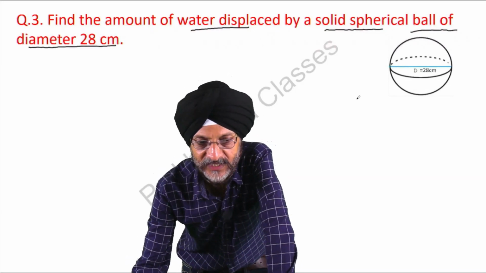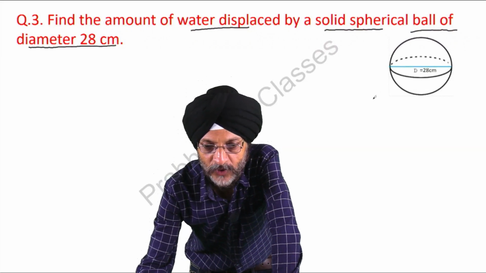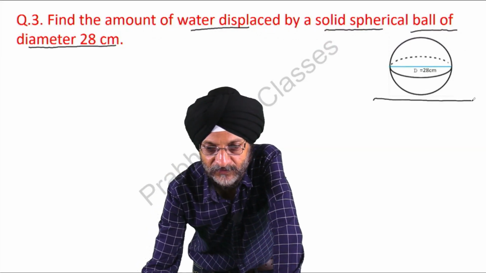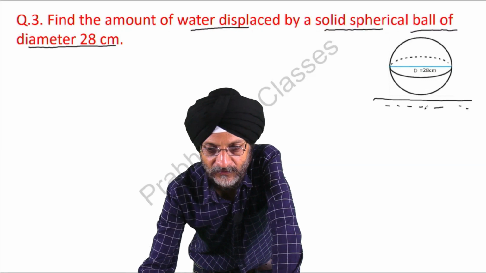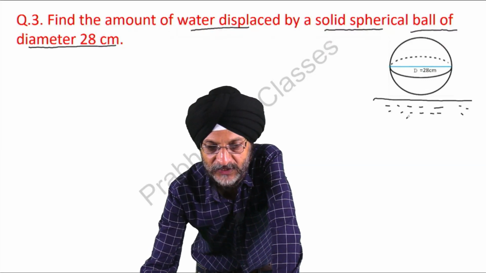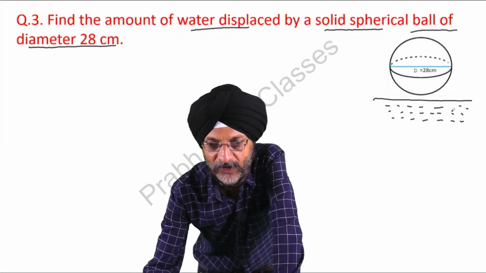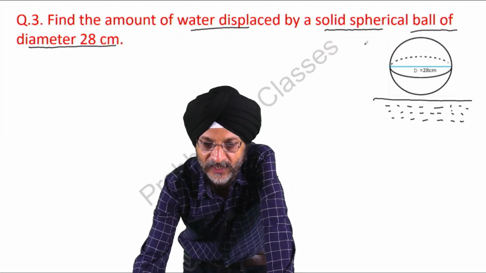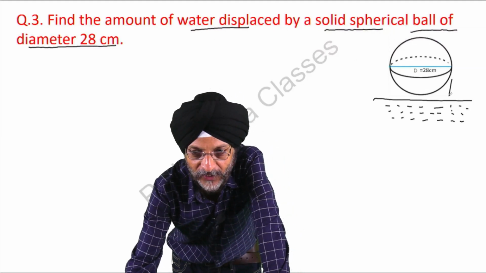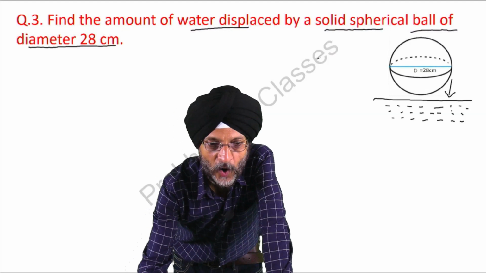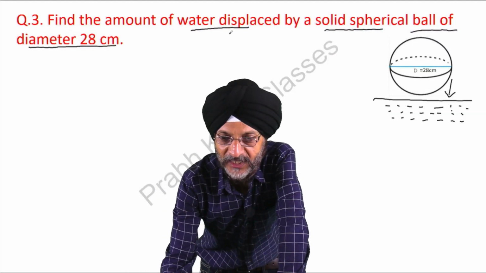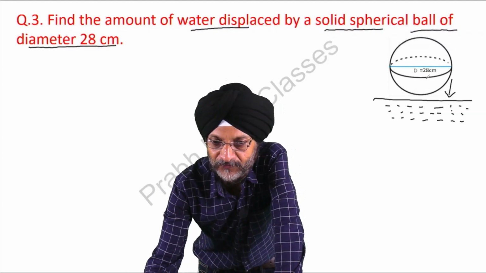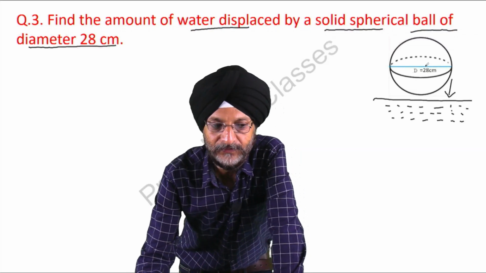The question says that suppose there is water and we put this spherical ball into the water. Now the question is, if we put this spherical ball into water, how much amount of water will be displaced by this spherical ball?